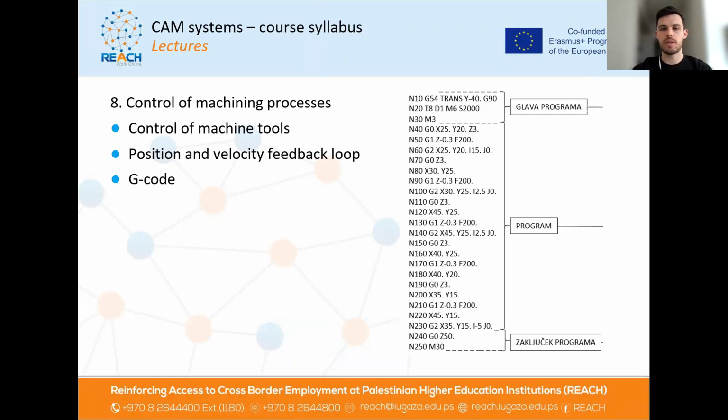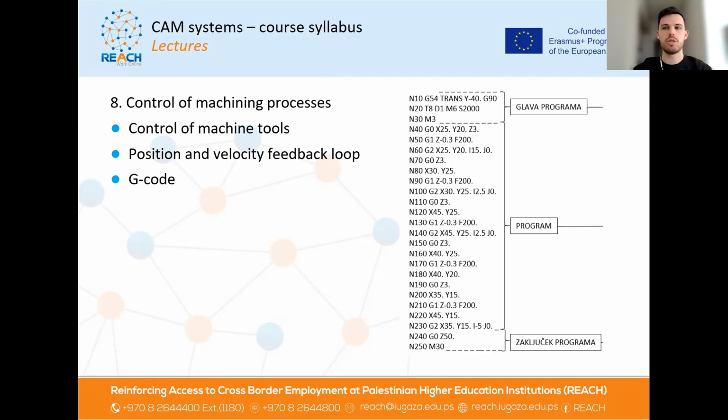For example, G0 means rapid movement to X25, Y20, and Z3 millimeters. So in that line, the students understand that when we come to the fourth line in that program, the machine will understand, okay, I have now a G0 input, which means I will go as fast as possible to the position 25, 23 millimeters in my coordinate system, or in a specific coordinate system.